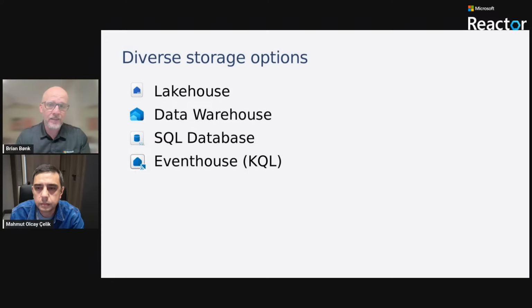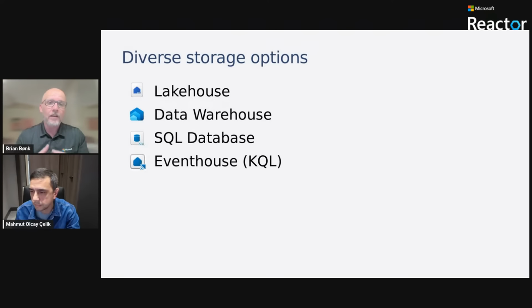Based on these ingestion options, we have 4 main ways of storing data. We have the Lakehouse. The Lakehouse and the next 2 items are storing data directly in OneLake. Lakehouse is based on the old Synapse engine, and it is based on a high compute cluster with the underlying Delta Parquet files underneath.